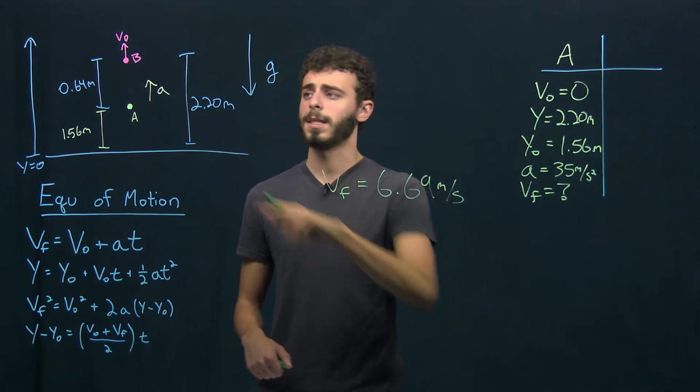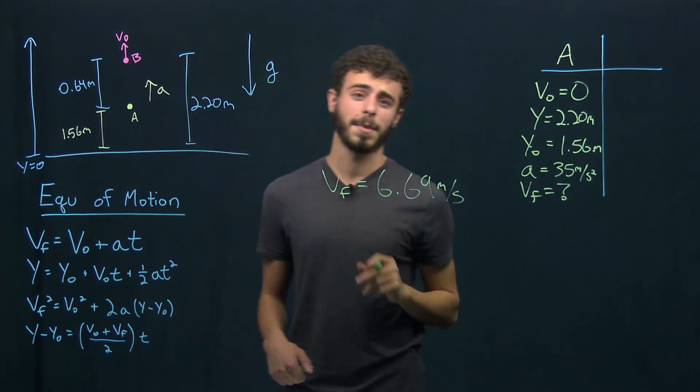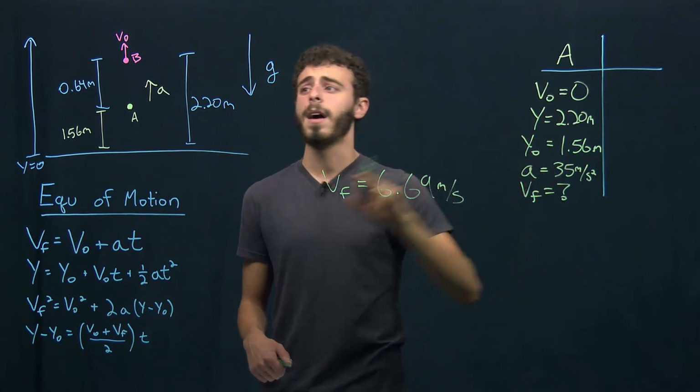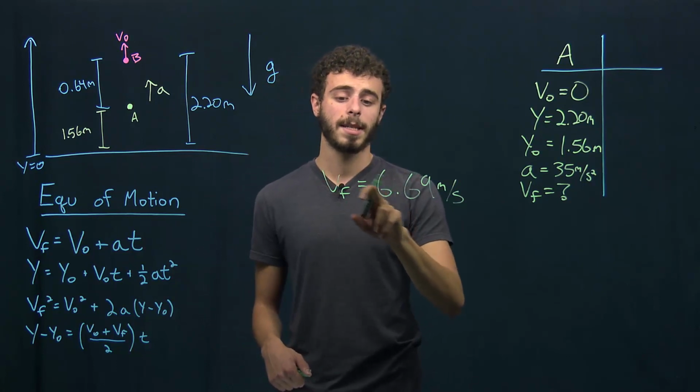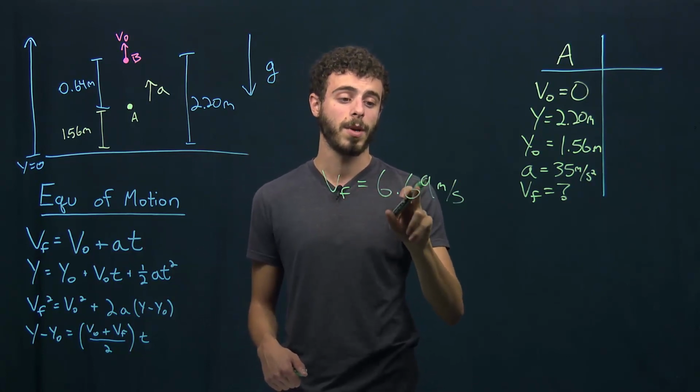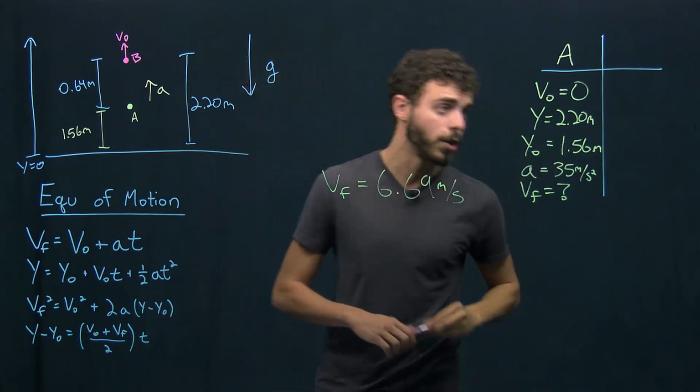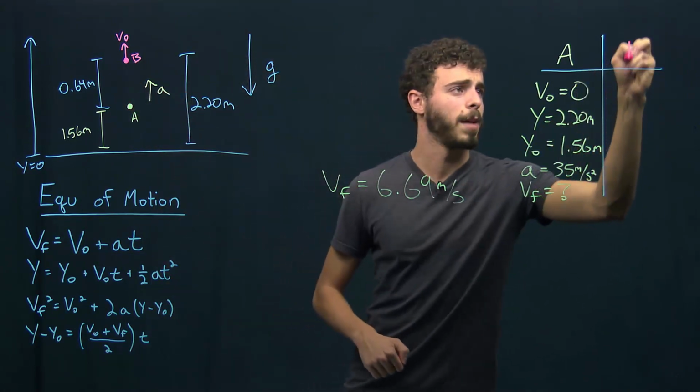So this is the velocity that the ball will leave Sam's hand with. Again, remember this stage is just when he's accelerating it and the ball is in his hand. As soon as it leaves his hand, it has a final velocity of 6.69 meters per second. So this is also going to tie us into our second stage of motion, which is right here, and I'm labeled that B.